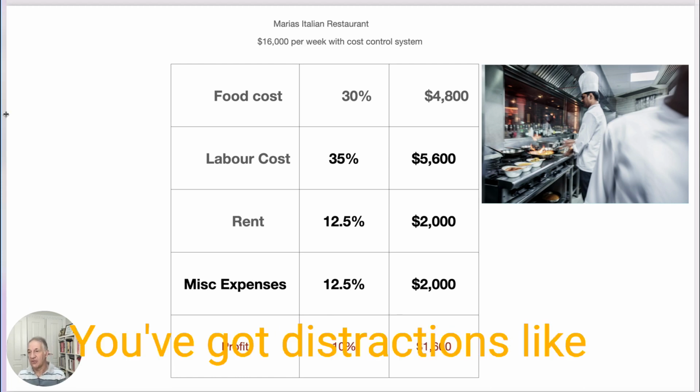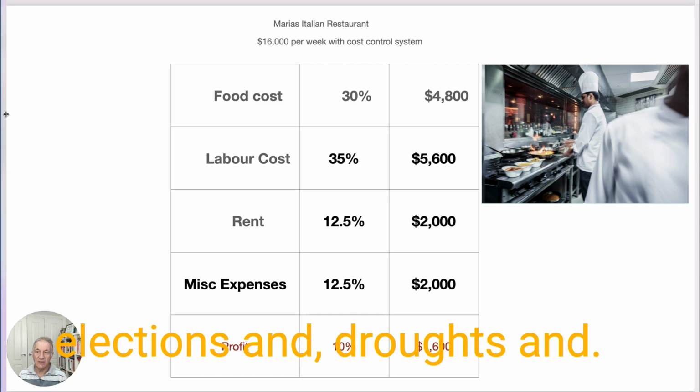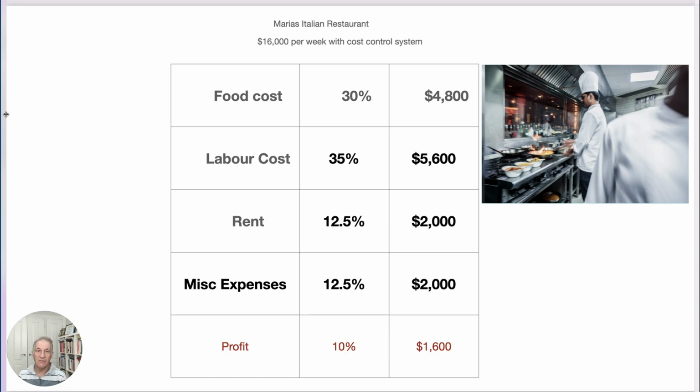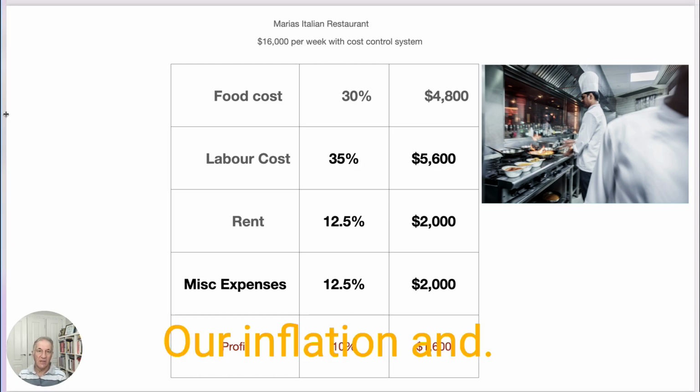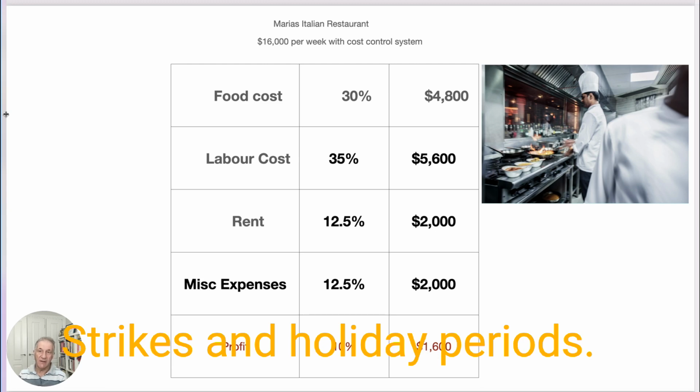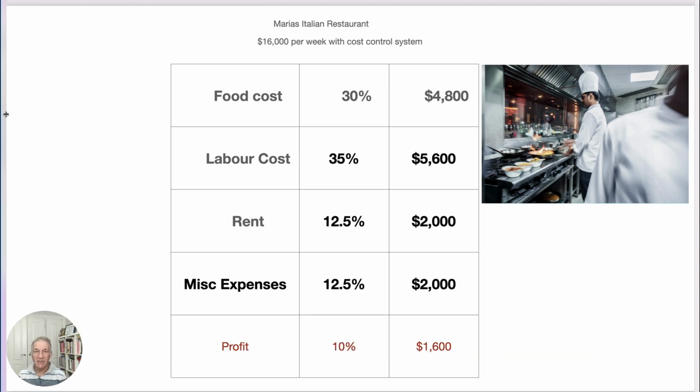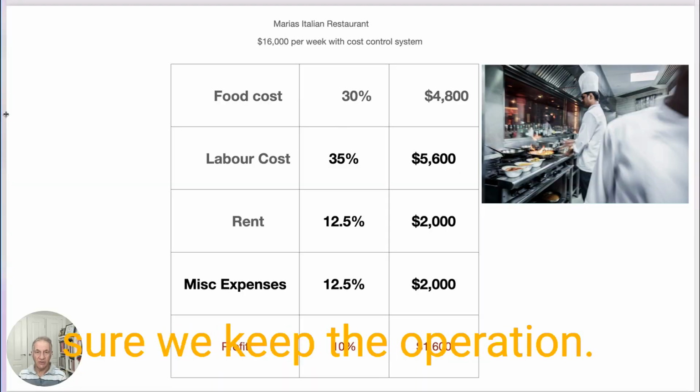You've got distractions like elections and droughts and higher inflation and strikes and holiday periods. These things happen, but we've got to stay on top of these costs in order to make sure we keep our operation going.